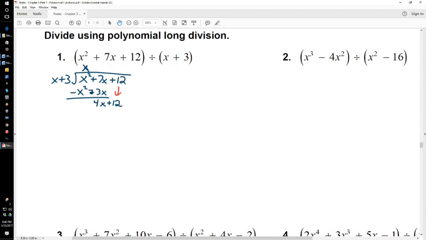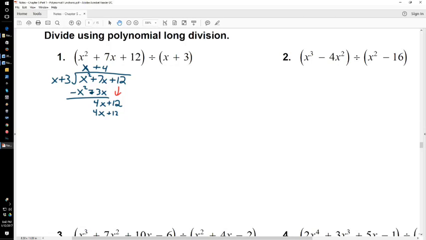Okay? Now we do the exact same thing again. It's just the same pattern over and over until we're done. So how many times does x go into 4x? What would I multiply x by to make it a 4x? Well, I multiply it by 4. So 4 times x is 4x. Then do the 3. 4 times 3 is 12.